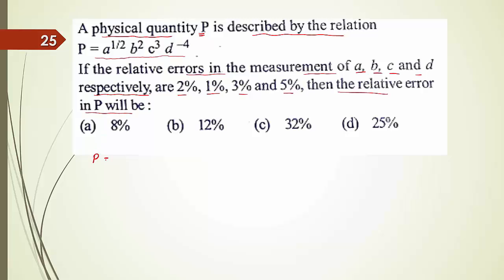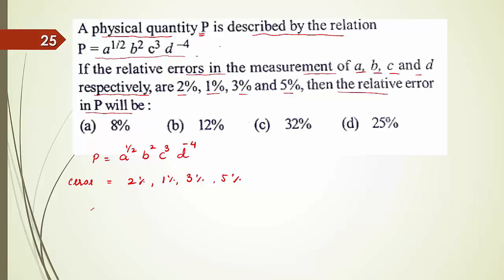First we write the equation P equal to A raised to 1 by 2, B raised to 2, C raised to 3, D raised to minus 4. The error in each parameter is given: 2%, 1%, 3% and 5%. So we have to find the relative error in P.